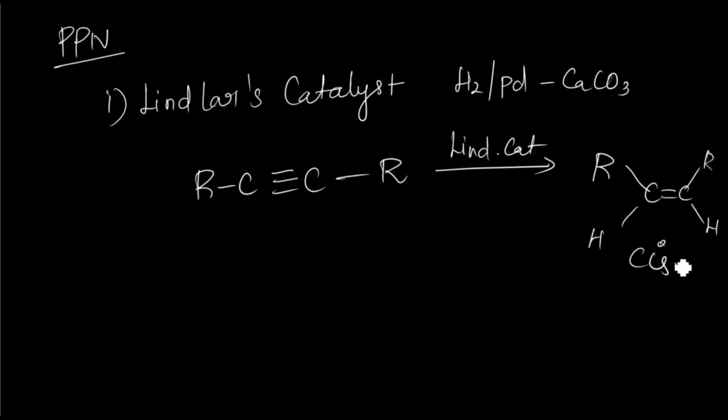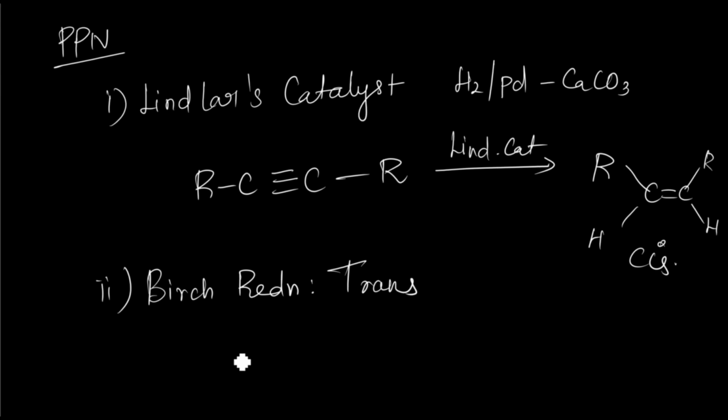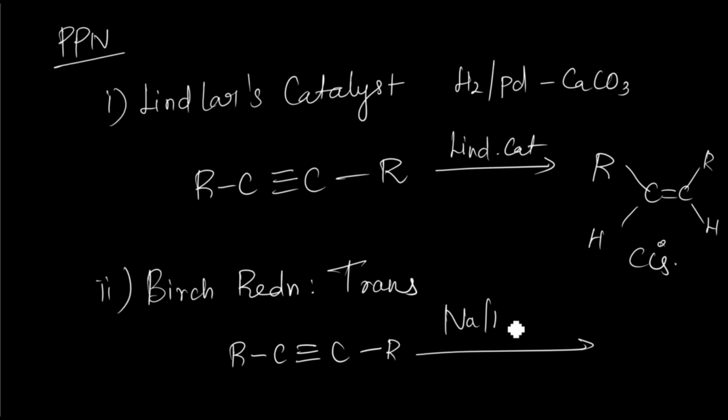And if you want trans, then you have to go with Birch reduction. Birch reduction will give you trans. The reagent we have to use is lithium or sodium in liquid ammonia. So the trans product will be formed.